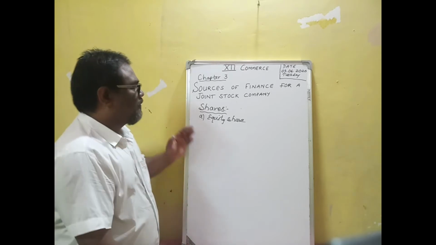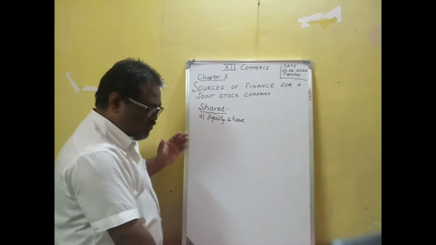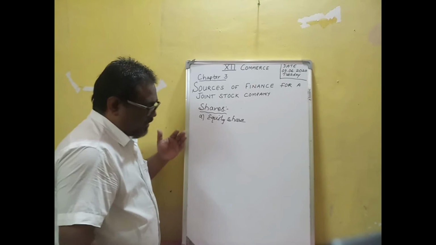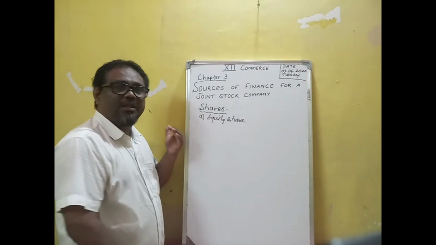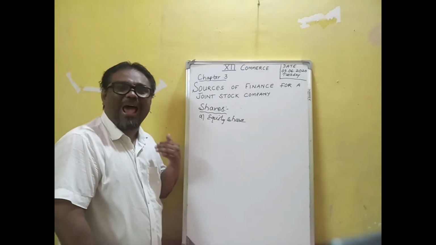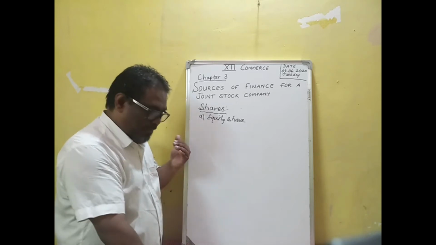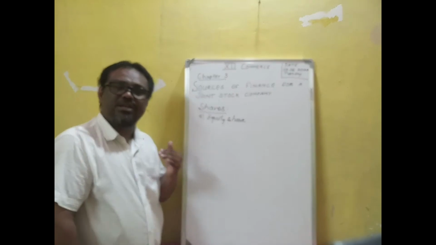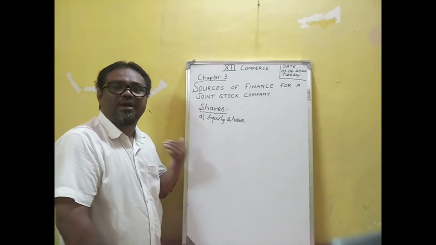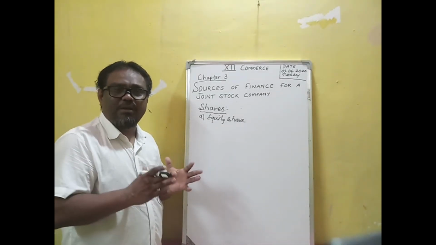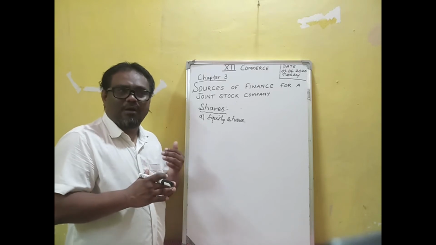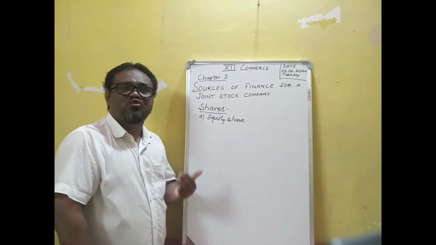If you see the features of equity shares, equity shareholders are the owners of the company, so they are issued first, before the preference shares. When a company commences, first the company issues the equity shares.